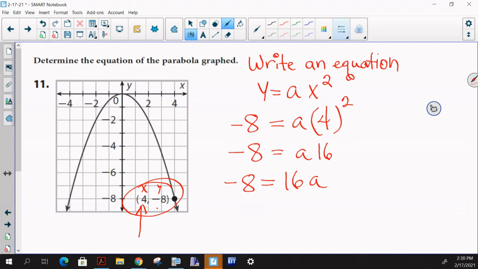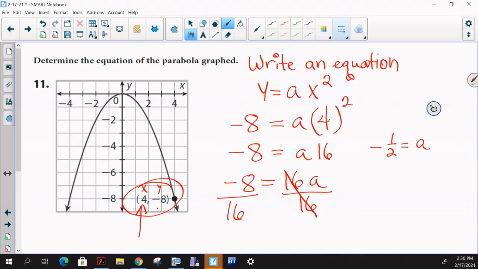I just divide by 16 on both sides. That's -8 over 16. That's a fraction that's reducible. And that fraction reduces to -1/2. So after those cancel, A, I discover, is -1/2.